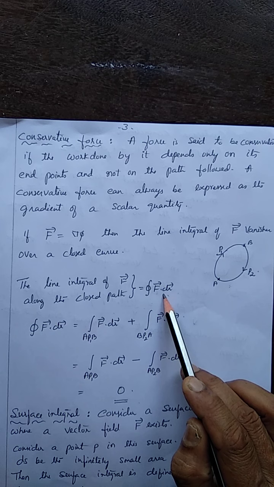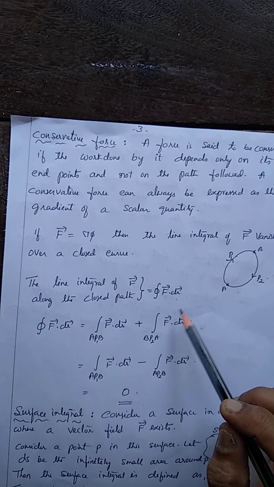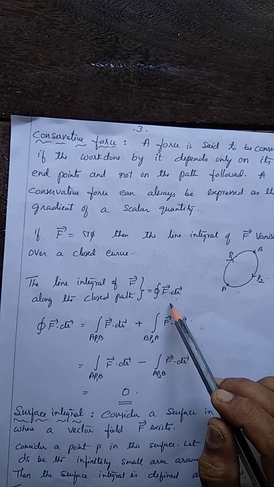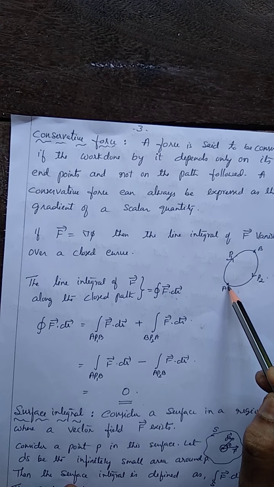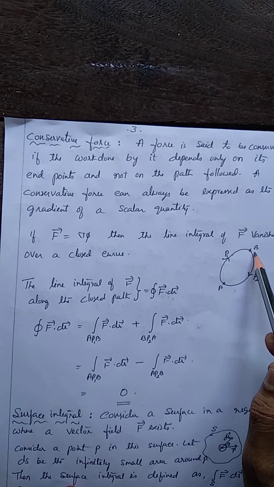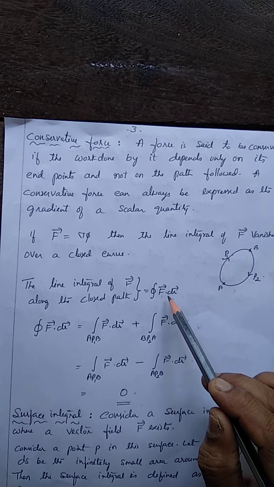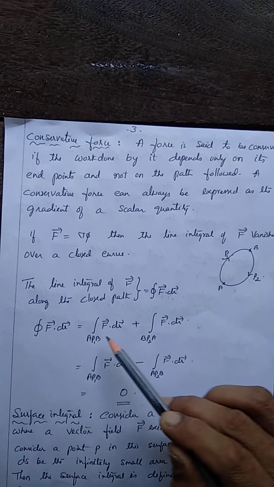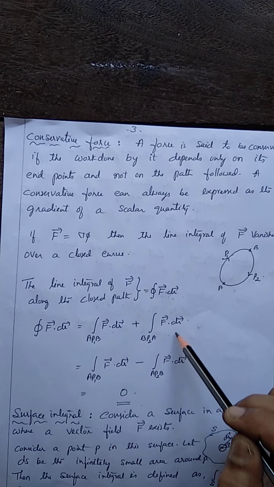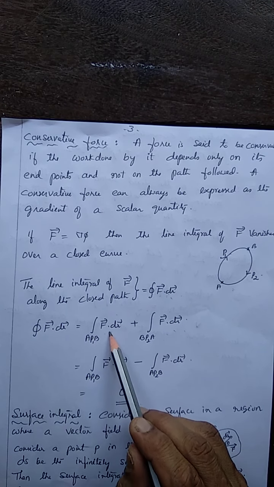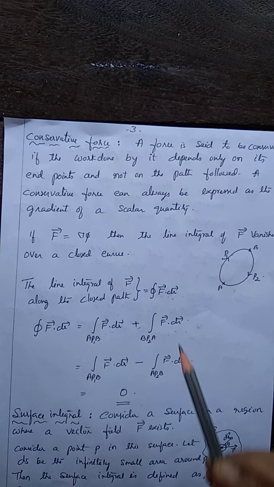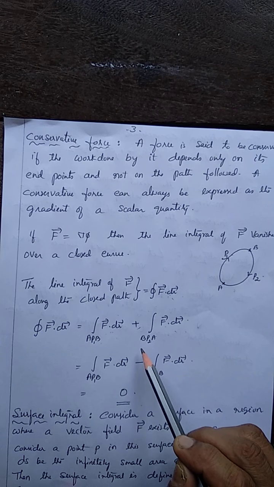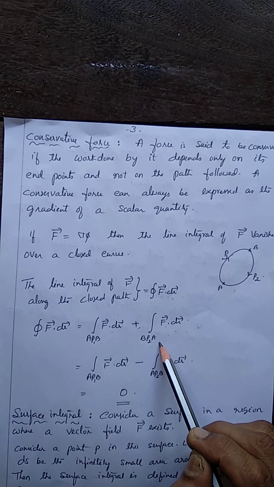You can write this as a line integral, and split it into two: the line integral of the force field along the path AP1B, then the line integral along the path BP2A. The sum of these two is the line integral of F along AP1B plus the line integral of F along BP2A.